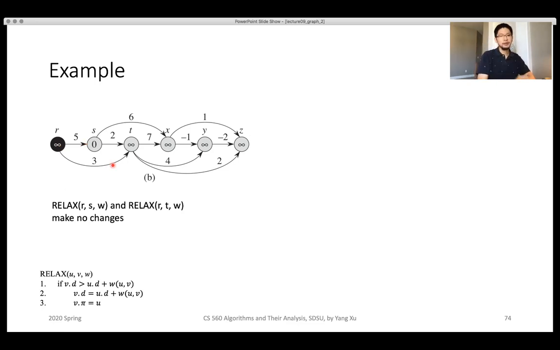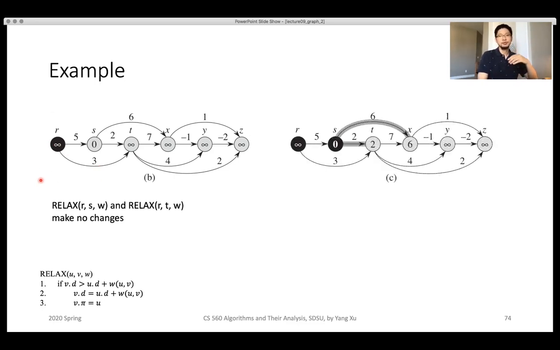Currently the D of S is 0, which is not greater than infinity plus 5, and the D of T is infinity, which is not greater than infinity plus 3. So nothing will be done when we encounter the R vertex. We simply go to the next vertex, which is S.